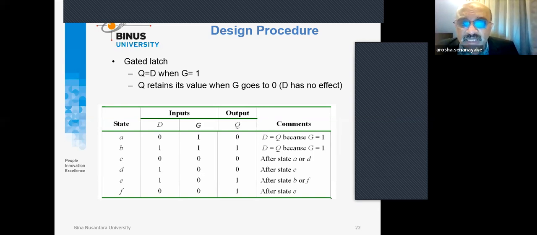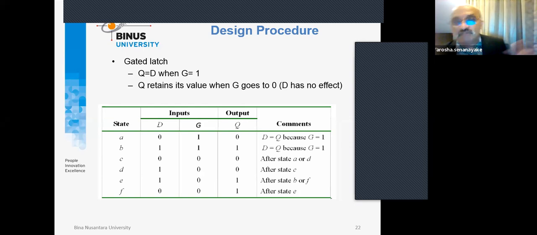For example, you can see that when G is equal to 1, Q is always equal to D. The first two combinations say G is equal to 1, so D can change, and Q, the output, reflects whatever is available in D. If G is equal to 1, whatever value is in D will be in the output.